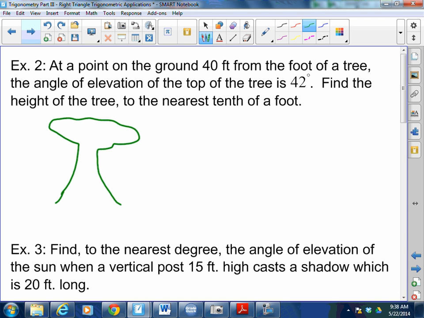And at a point on the ground 40 feet from the tree, the angle of elevation to the top of the tree is 42. So my observer's here. He's got to look, or she's got to look up. So that's the angle of elevation, which is 42 degrees.